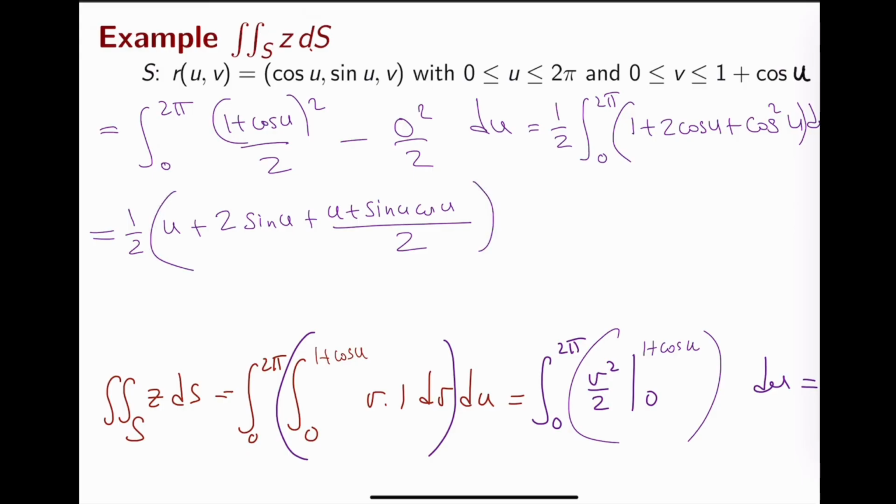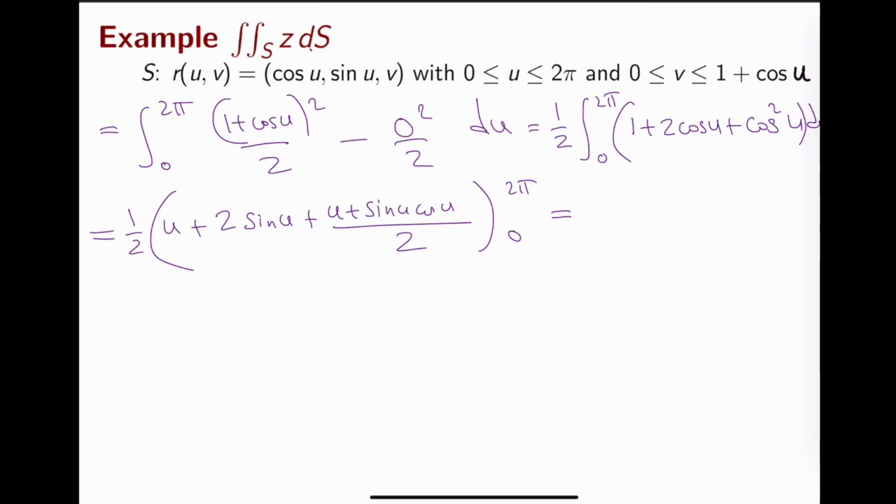And now we evaluate between 0 and 2 pi. So we evaluate first at 2 pi, and it will be 1/2 times 2 pi plus 2 times sine of 2 pi, which is 0, plus 2 pi plus sine of 2 pi, which is 0, over 2.